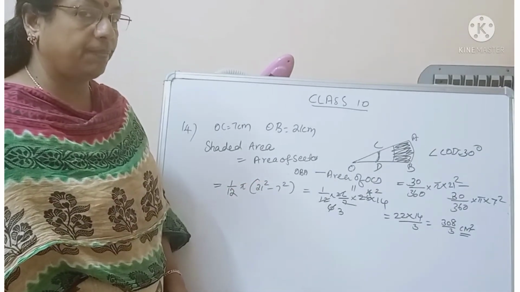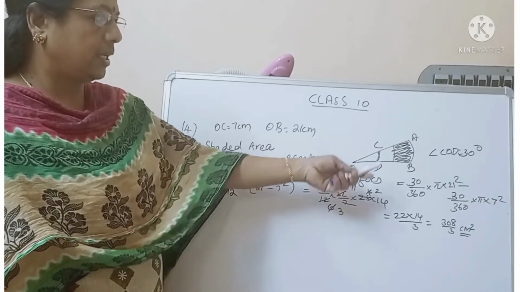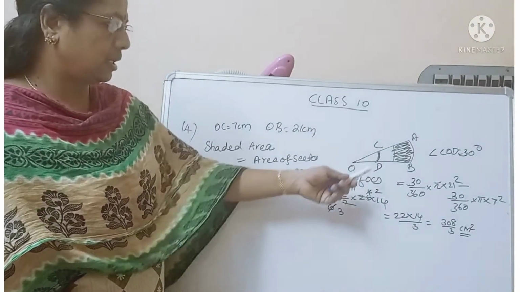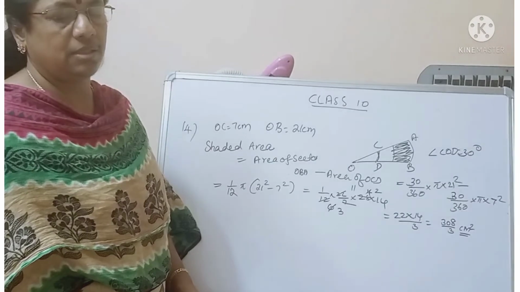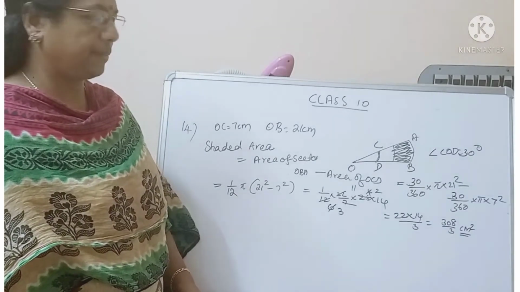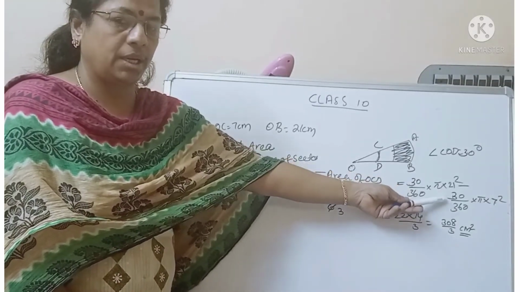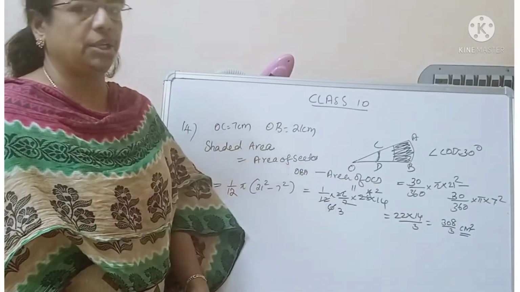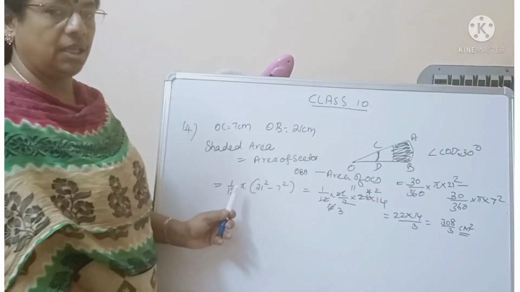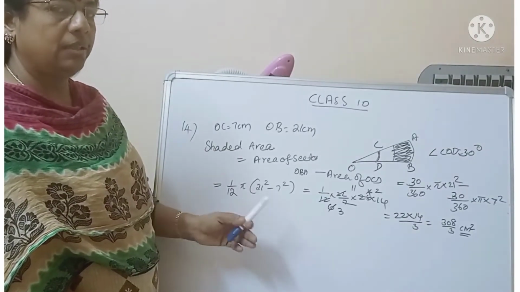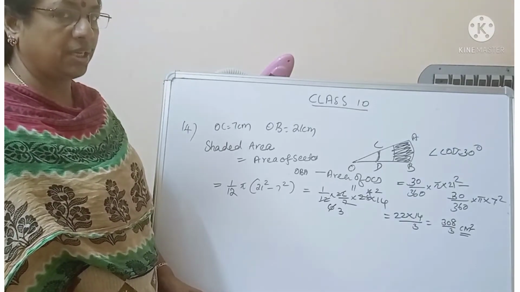We need the central angle, which is given as 30 degree, since angle COD is 30. So we can apply theta by 360 into pi r square. So 30 by 360 into pi into 21 square minus 30 by 360 into pi into 7 square. Here 30 by 360 is 1 by 12. Then we can apply the identity a square minus b square.